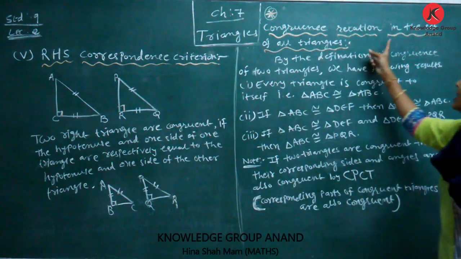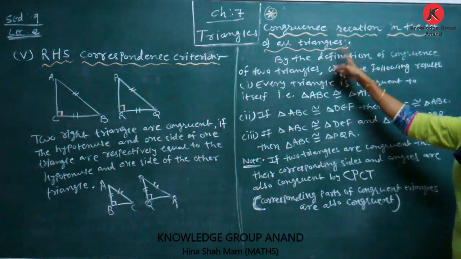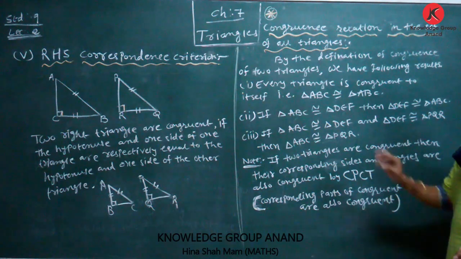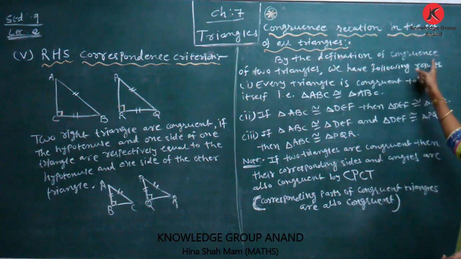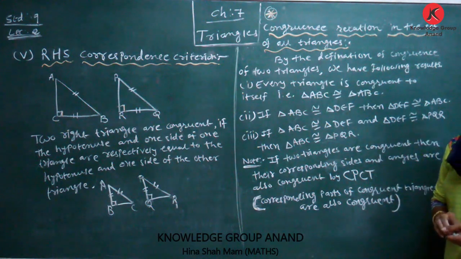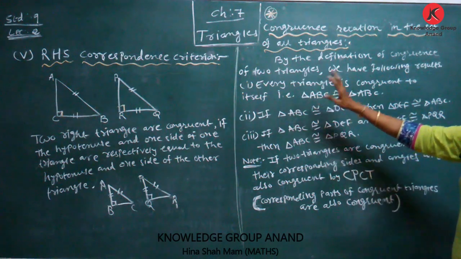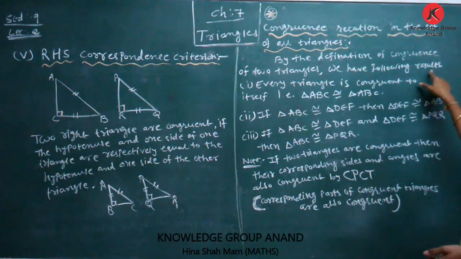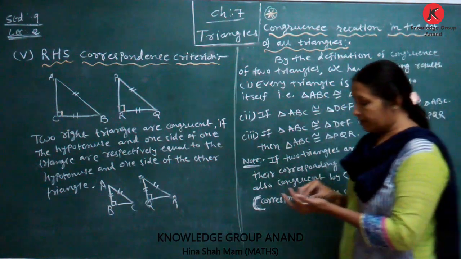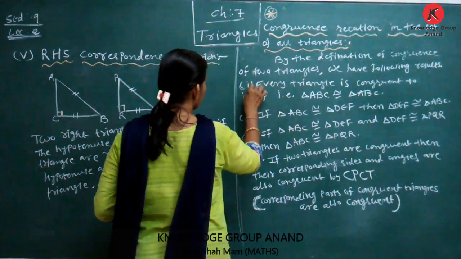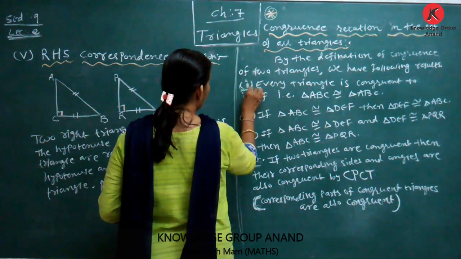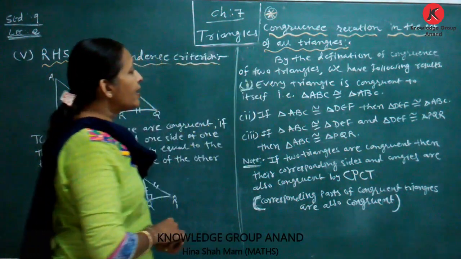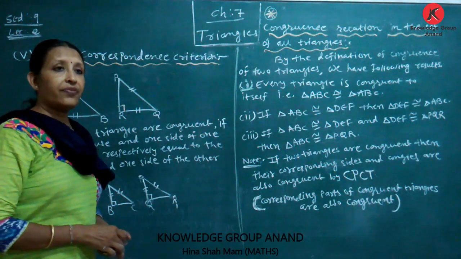Now, congruence relation in the set of all triangles. By the definition of congruence of two triangles, we have the following results. Number 1: every triangle is congruent to itself.